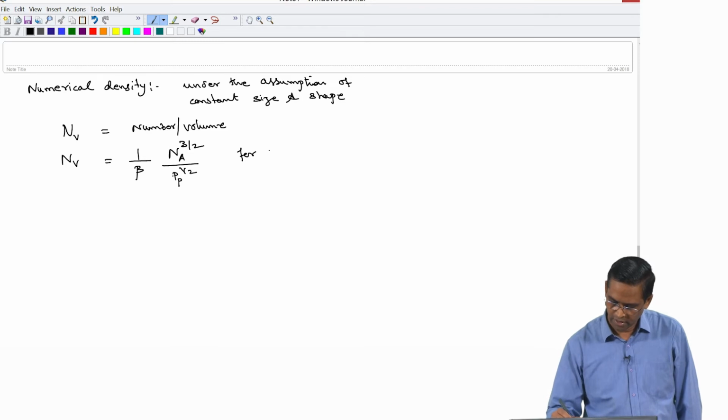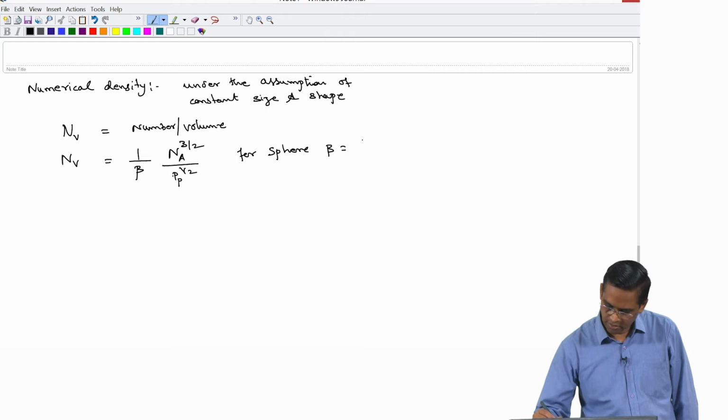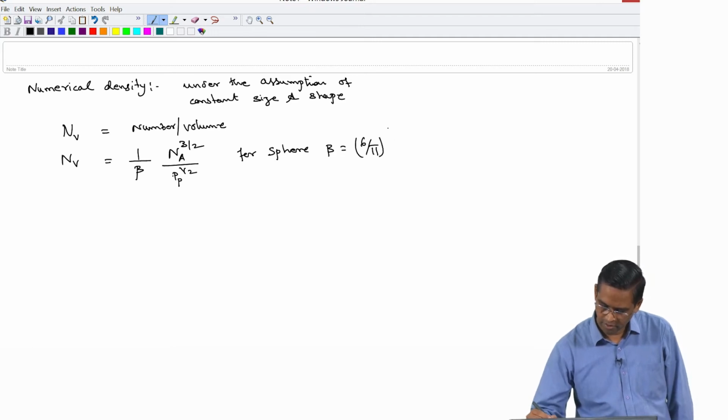For spheres, beta is 6 upon pi to the power half.